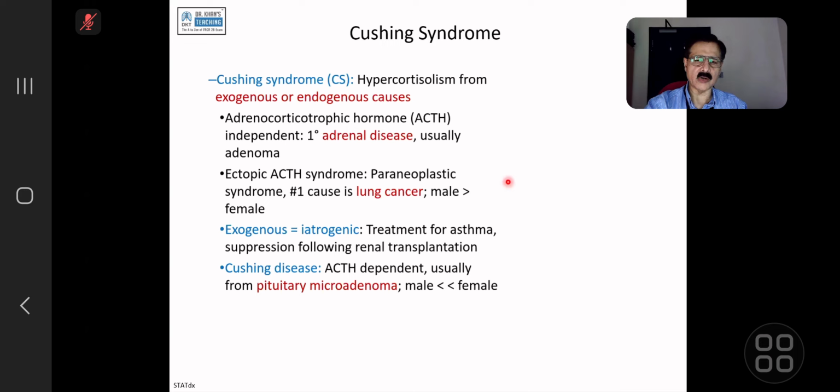And from here, long cases can be asked. Remember that Cushing's disease is when there is adrenal disease, adrenal adenoma, because cortisol production is high. On the other hand, the same thing can be because of lung cancers, or it can be iatrogenic.